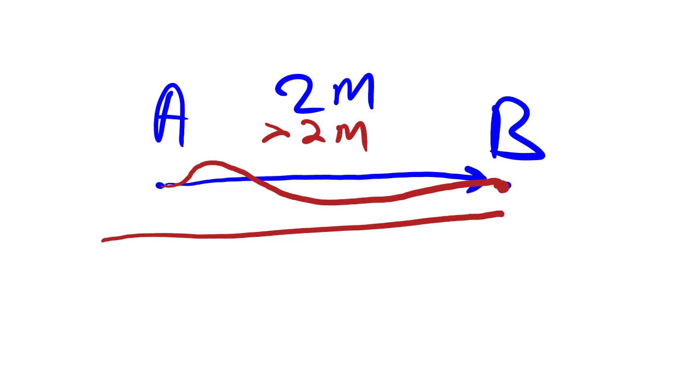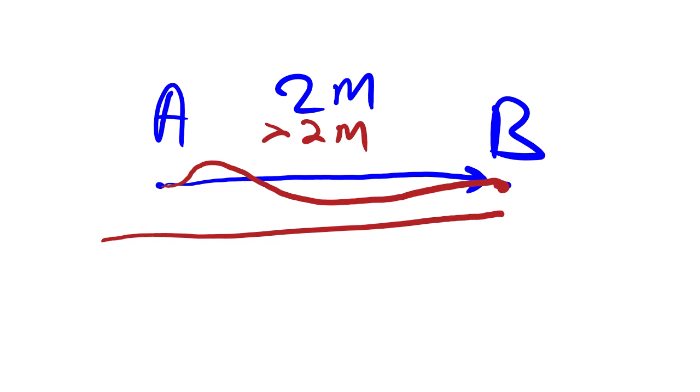Displacement still remains the same, because what we are measuring in displacement is just the initial point, which is the starting point, and the final destination. These are the 2 points we are measuring.